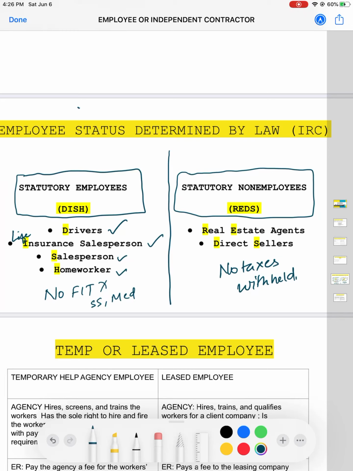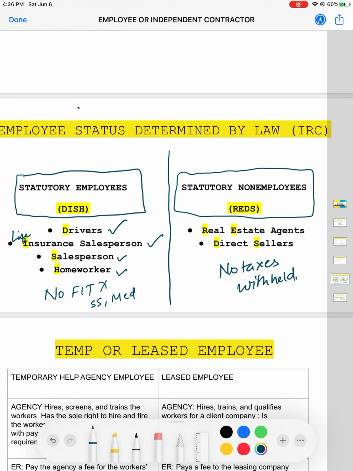Okay, so real estate agents are the salespeople who are licensed as real estate agents performing services in connection with the sale or rental of property. Direct sellers are the individuals who sell consumer products on a buy-sell, or deposit-commission basis to be resold in the home or someplace other than a permanent retail establishment.